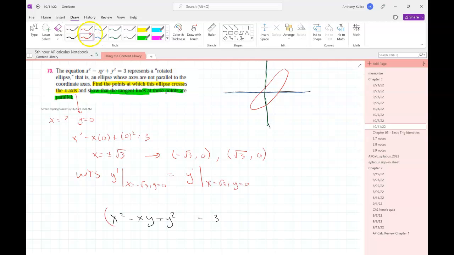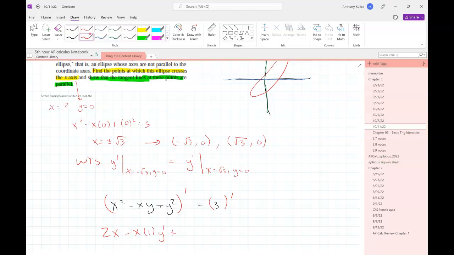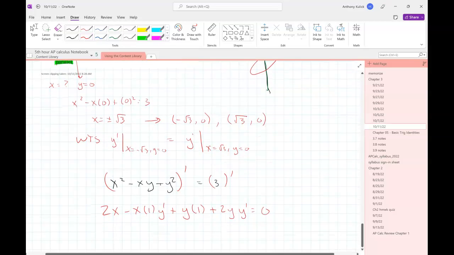So there's my equation. The derivative of x squared is 2x.